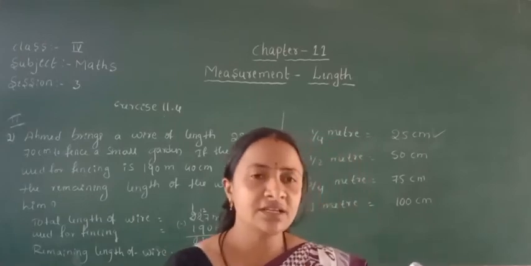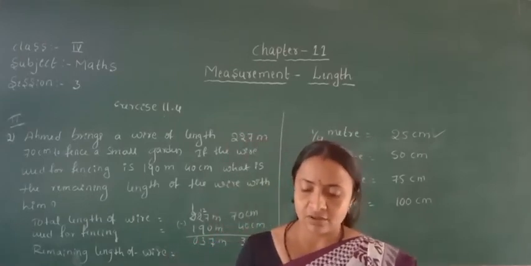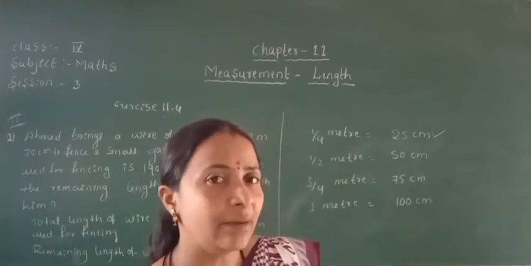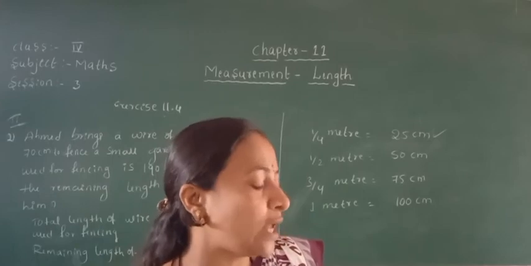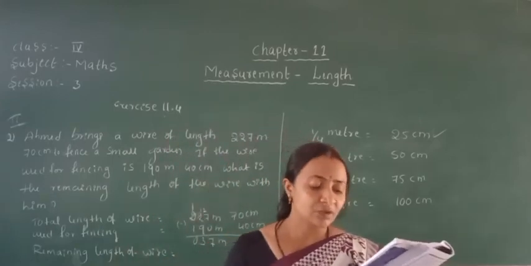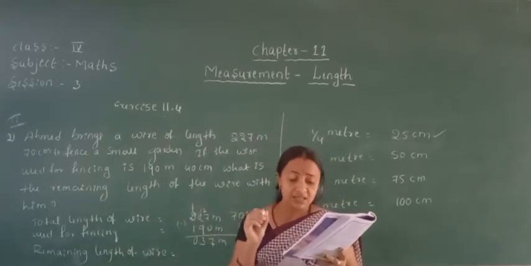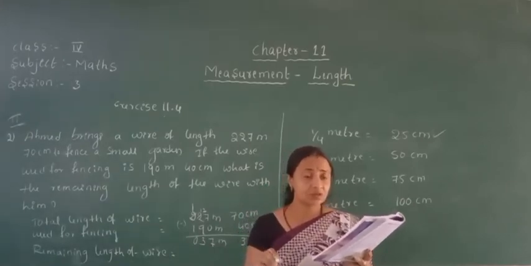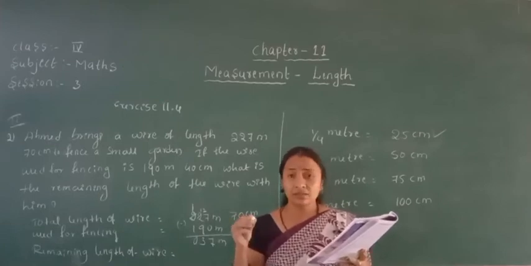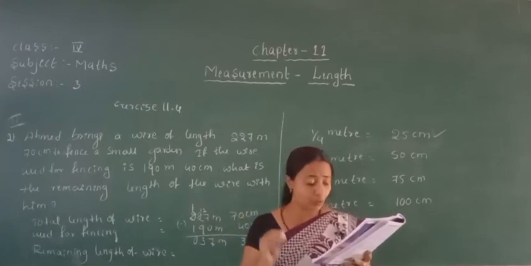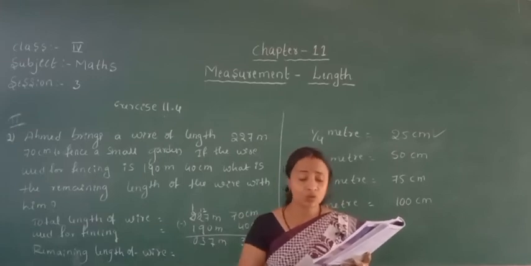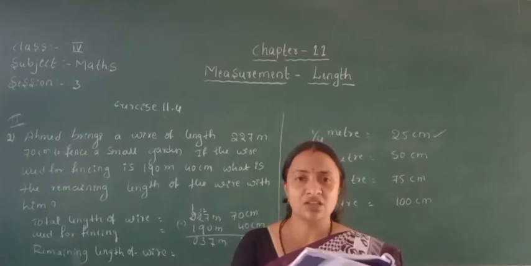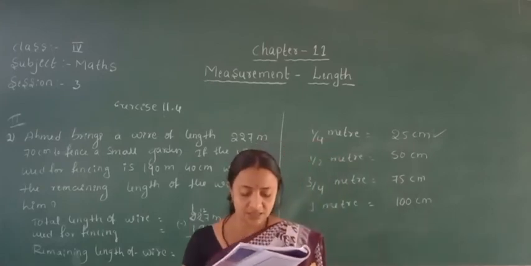Here the distance between two places, for example the distance between Kolar and Bangalore, is easy to express in kilometers, not in centimeter or meter. So for that purpose, in which fundamental unit are we used to measure and express it?